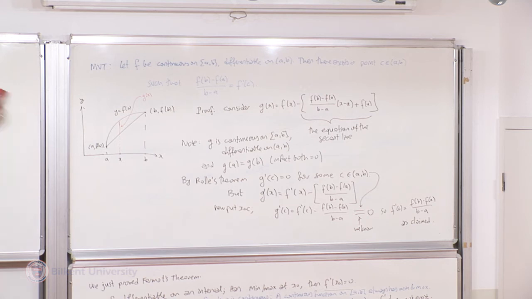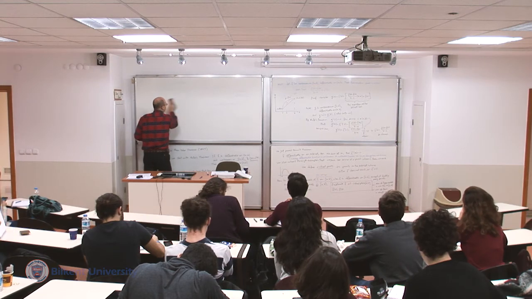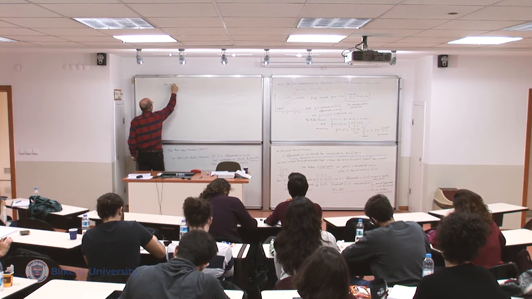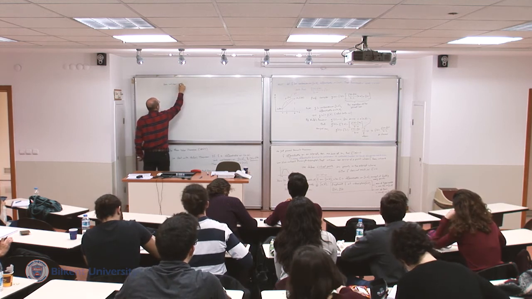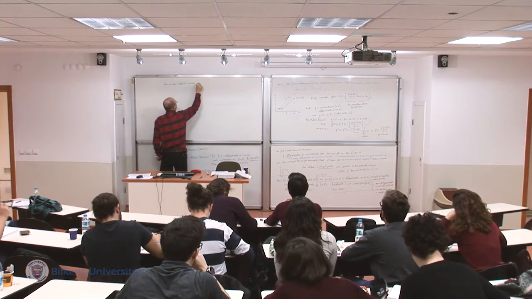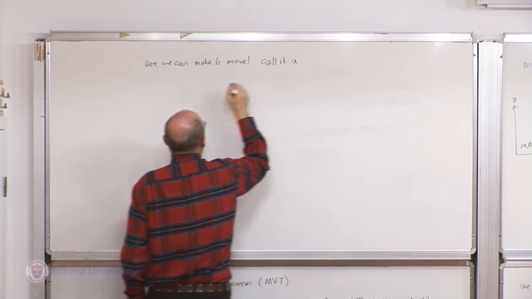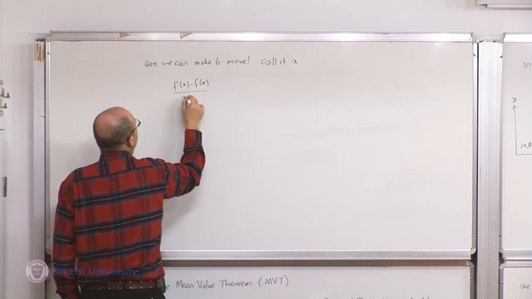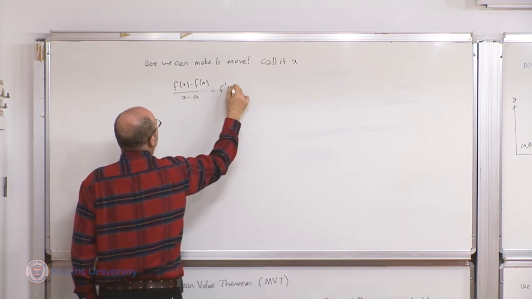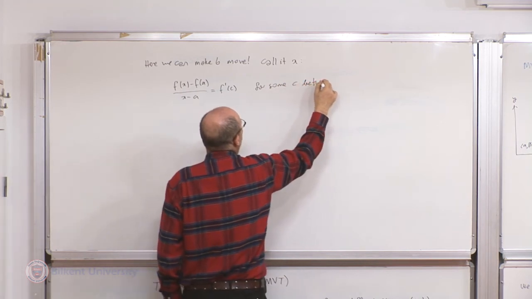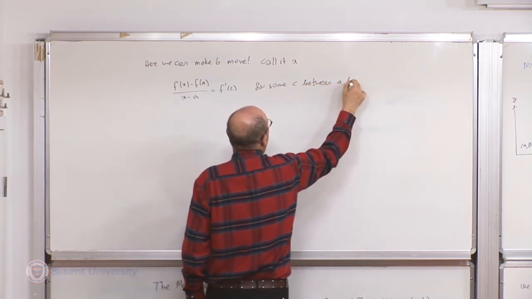It will tell me that the value, so here we can make b move. Okay, so call it x. So we have f of x minus f of a over x minus a equals f prime c for some c between a and x.